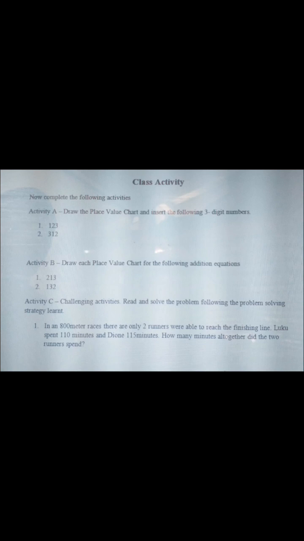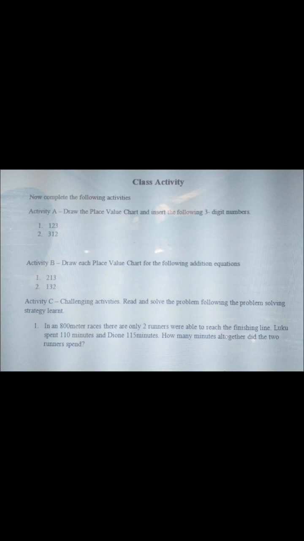I taught you a strategy which you're going to follow step by step to answer question number 1. The problem for number 1 is: in an 800-meter race, there are only 2 runners who are able to reach the finishing line.